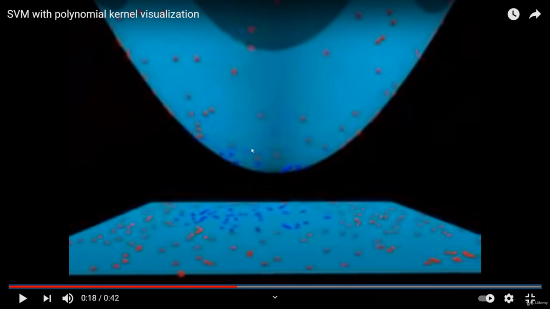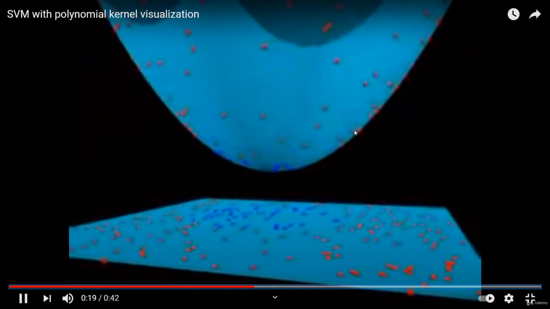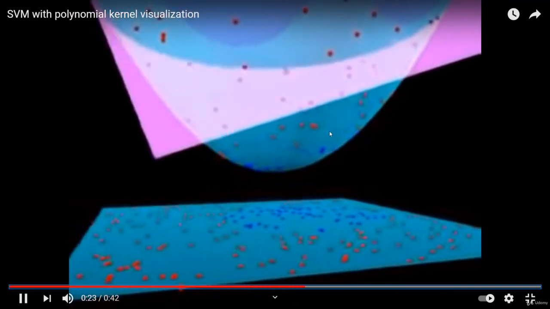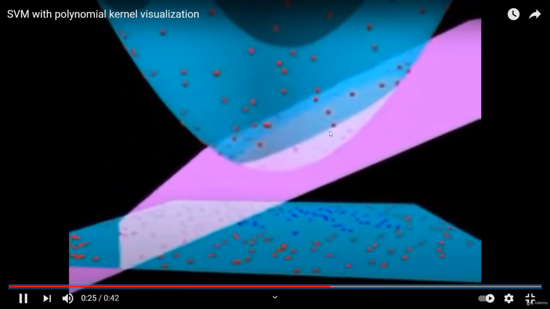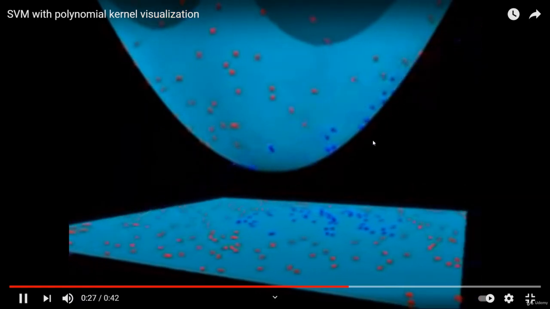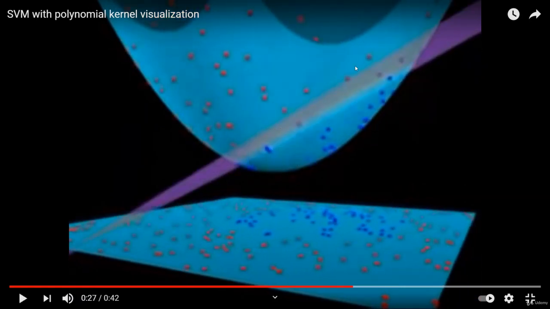So how can we separate the blue points from the red points? We can separate them using a hyperplane just like this. Now we have separated them: the blue points are here and the red points are here.